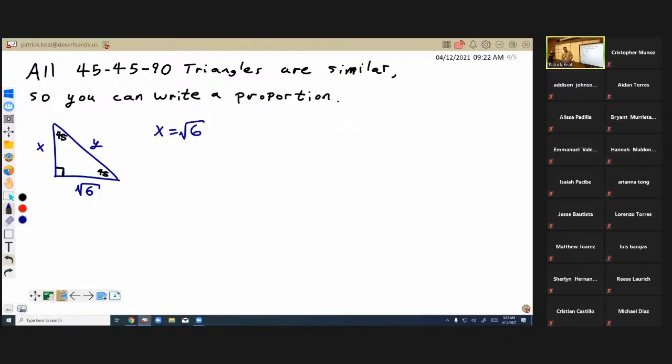Now, I guess I should be showing you the proportions here. So let me show you the proportions.